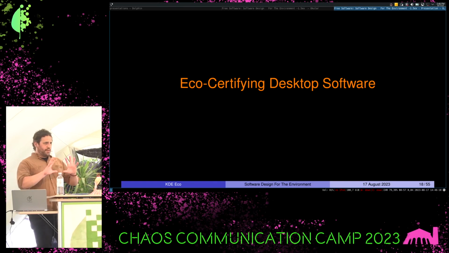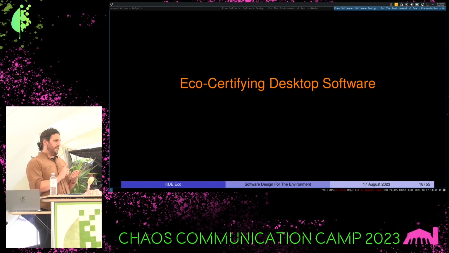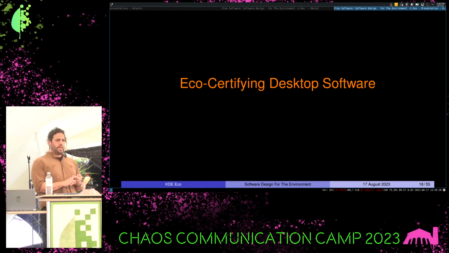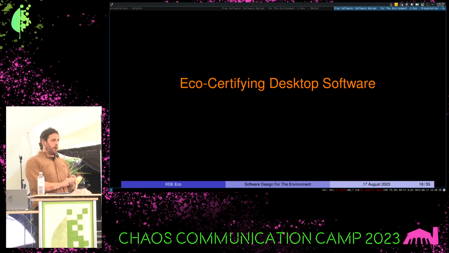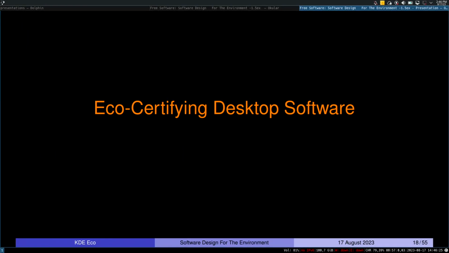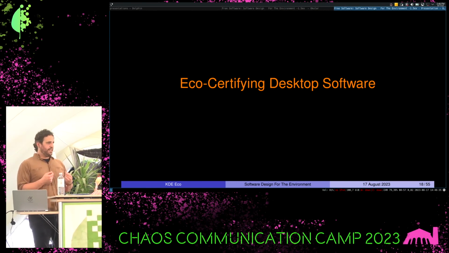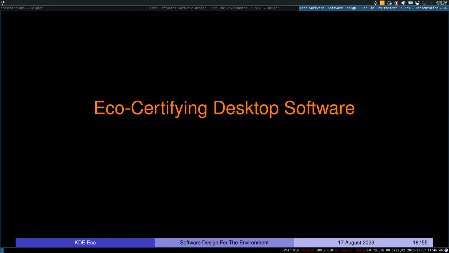So one of the things I want to point out in those parts is that software design, in terms of energy consumption as well as its support for hardware, can influence the environmental harm of the ICT sector. And this was the motivation for eco-certifying software. Many people ask, well, what does software have to do with eco-certification? That's what I'm going to talk about now. The Blue Angel released the award criteria for software in 2020.